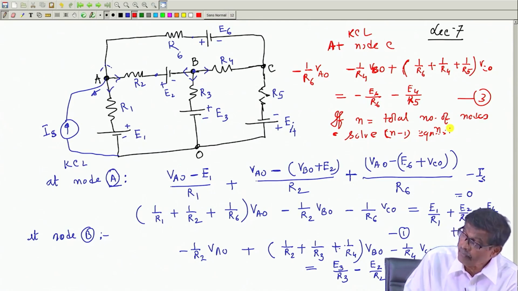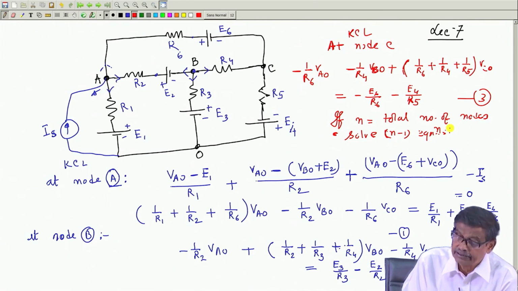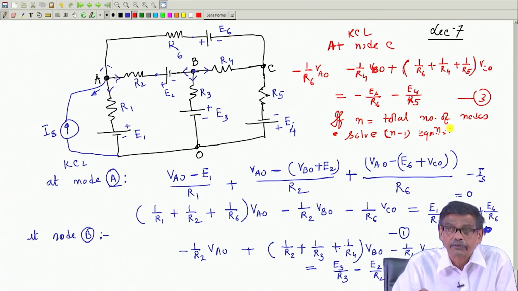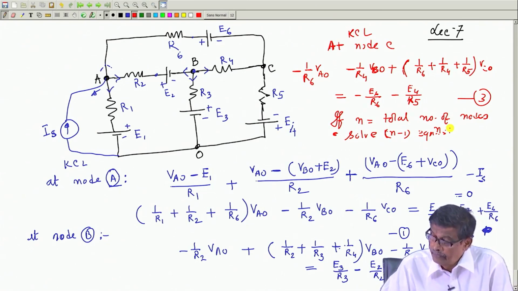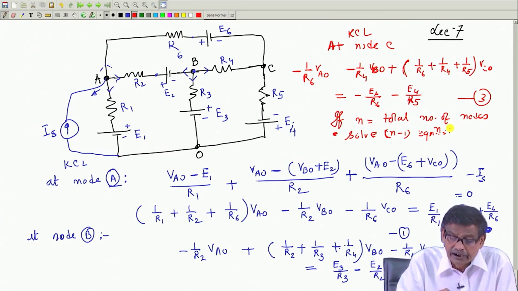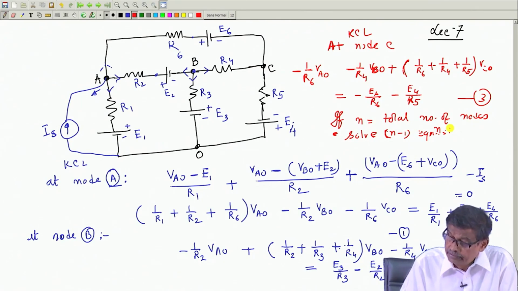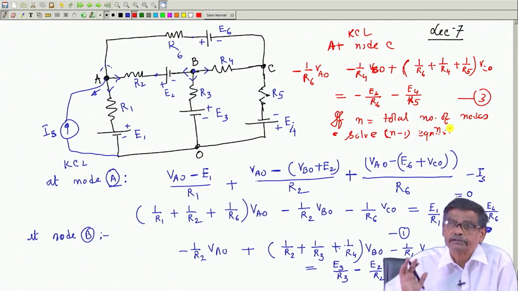Now, in conclusion, to write down the KCL at the different nodes, I will not start from scratch. After knowing this, I will straight away write down these equations by inspection.